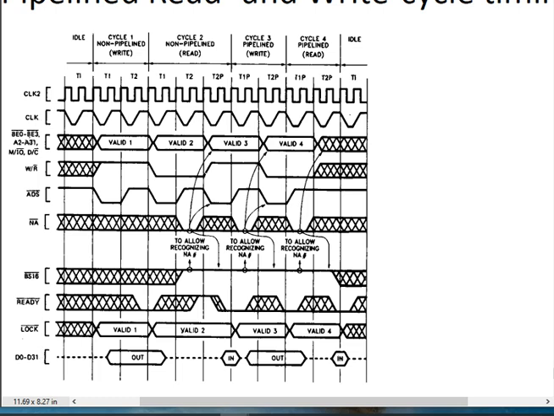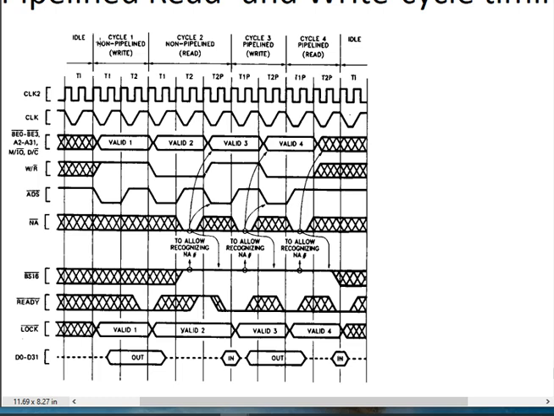Now we'll look at this address bus, at the T states T1 and T2. At the start of T1, the valid address will be put on the address bus, and since it is the non-pipeline write cycle, at the start of T2 this data will be put out onto the data bus.